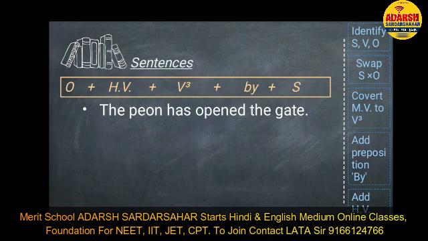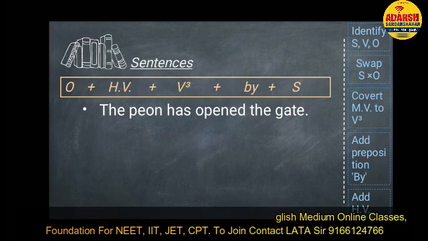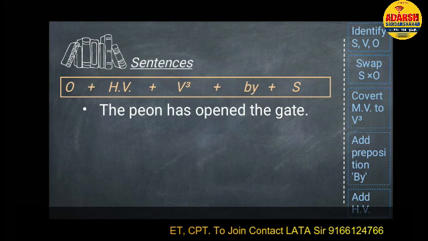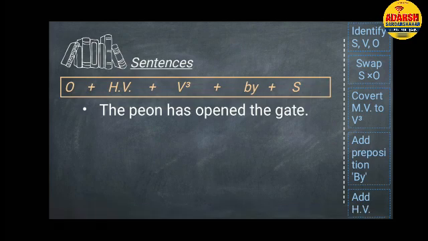If we revise our active structure, which is subject plus verb plus object, in passive it is object plus helping verb plus verb's third form plus by plus subject. So let's start.